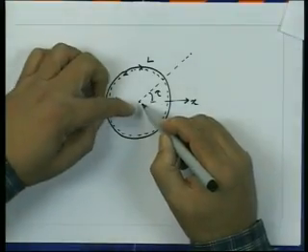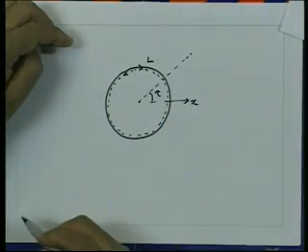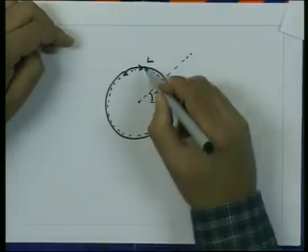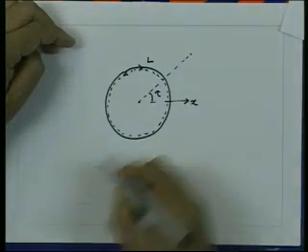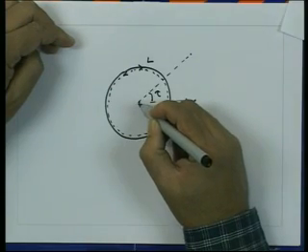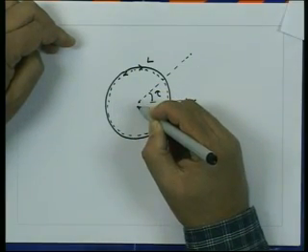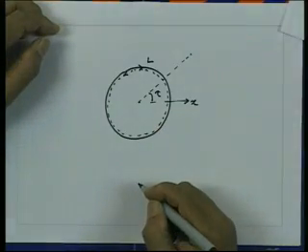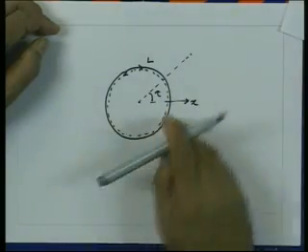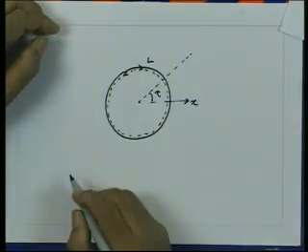Now, since these two vectors are always going to make an equal angle with respect to this line as they rotate, this vector will rotate this way, this vector will rotate that way. The component of the vector which is perpendicular to this line will be of equal magnitude and in opposite direction. So, it will always cancel out, and as the vectors rotate, the component which is in the direction of this line will vary.